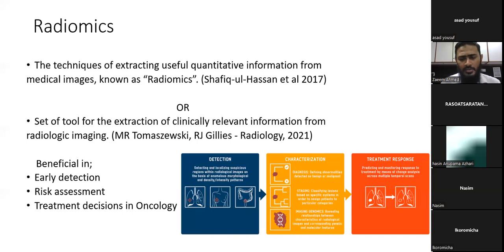Radiomics can help you categorize these different types of malignancies on the basis of correlation with clinical information. Also, it can help to determine or predict treatment response. So radiomics has a role in detection, characterization, and also treatment response evaluation.